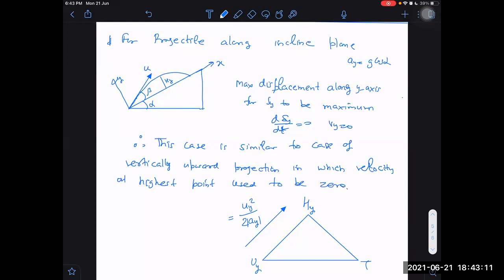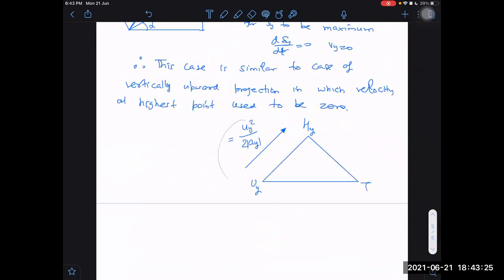Although here it is not 0, at least one component is 0. So I'm not saying that it is exactly similar. Obviously there is a difference, but component-wise it is similar only. If I take just components, then it appears to be the same as before.